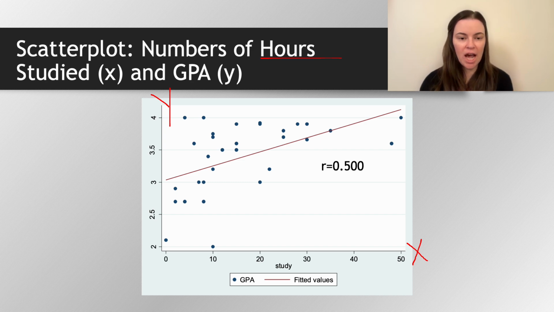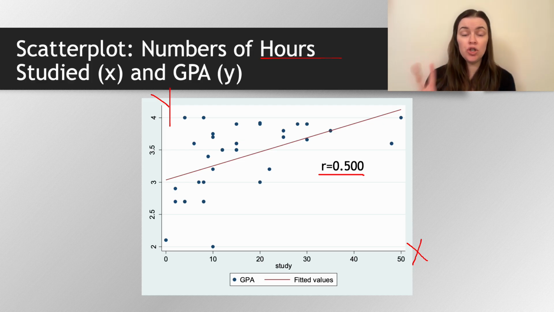And here I've already calculated for you Pearson's R as well. And so we're going to again assess two questions here, the same two that we did for the previous example: the direction of this relationship and the strength of that relationship.